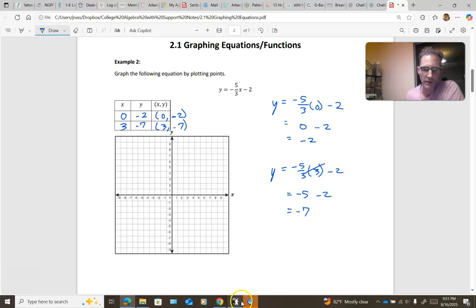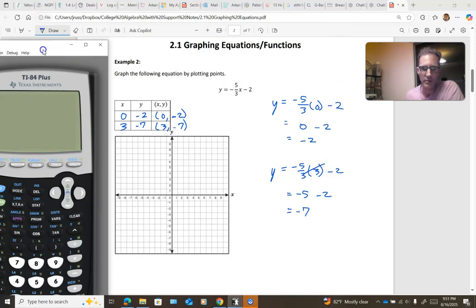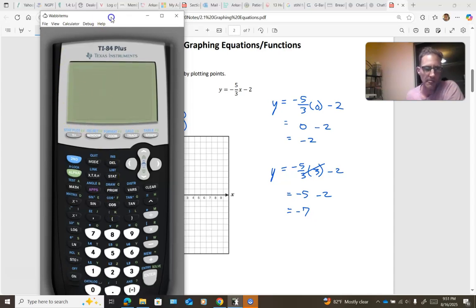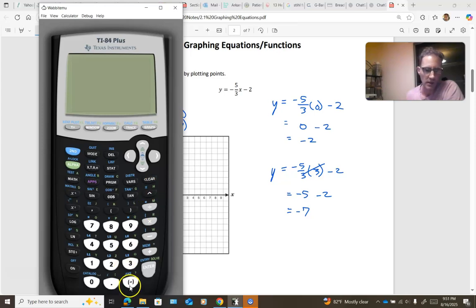I want to show you real quick that you can do fraction arithmetic in your calculator as well. I've already got it on. There's a couple ways you can do it. You can type in negative 5 divided by 3, and then multiply it by your number, which is 3 in this case. Hit enter, and it'll give you negative 5. The other way is you can hit alpha and then the y equals key. That'll bring up this menu, and you can select number 1, and it'll give you a template for a fraction.